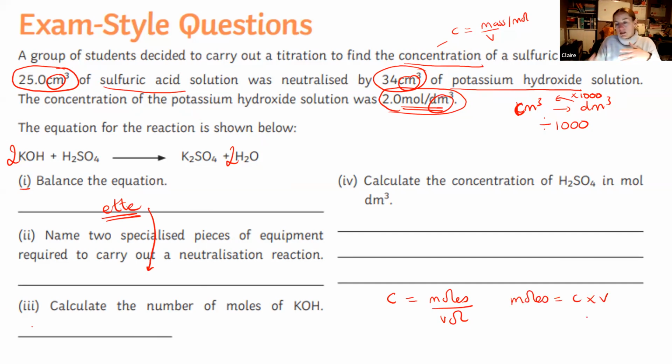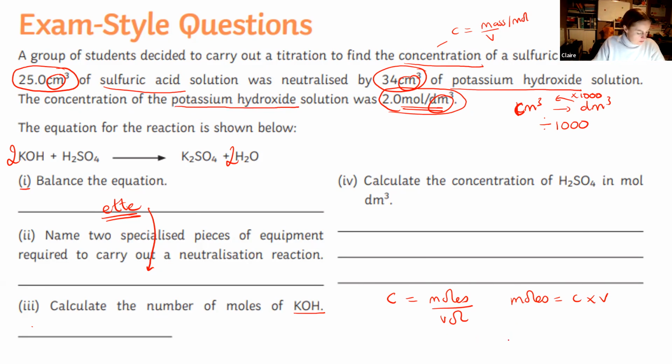So obviously when you're writing out, make sure you write it out fully. Now, potassium hydroxide is here, and it was 2 moles per decimeter cubed.